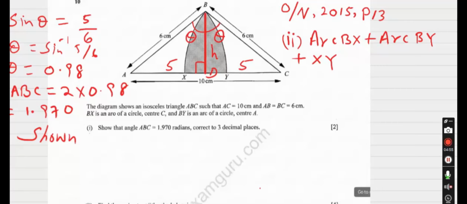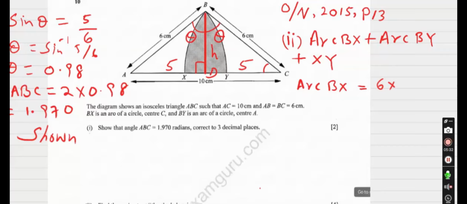So first consider arc BX. For arc BX, you know the center is C and the radius is 6 centimeters. What is the formula of the arc length? S is equal to R theta. So 6 is the radius and theta. We don't have this angle, but we have the total angle, that is angle ABC, which we found in part number 1, 1.970.